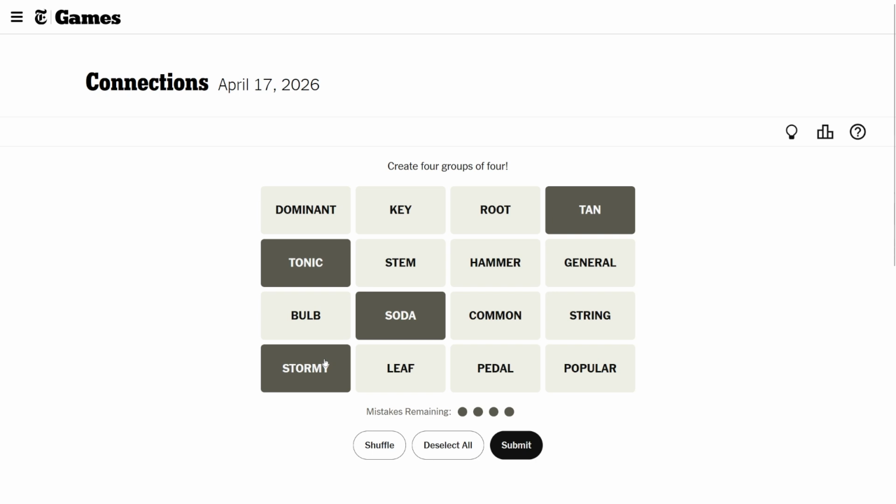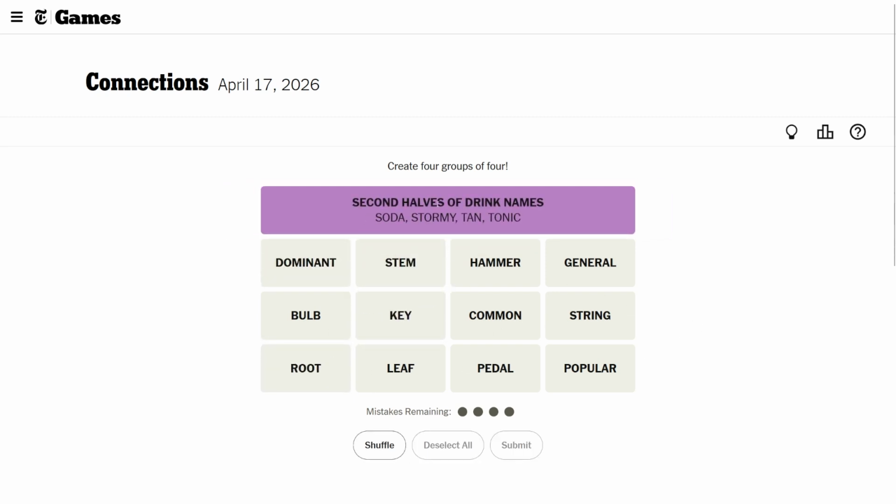Might just try it. Stormy. I can imagine it being part of the name of the cocktail. Let's go ahead and try it. Second half of the drink names. Okay, yeah. So I'm not sure what a tan is, or actually really a stormy or a tan, but yeah.